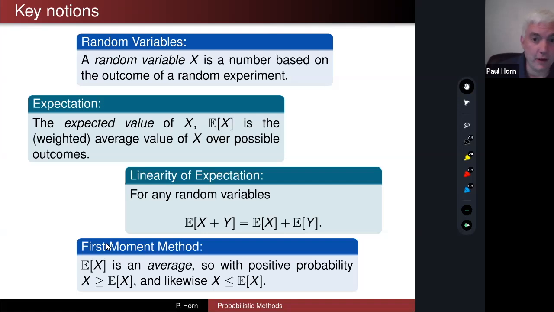And this gives me a way of saying that an outcome of this experiment with some property exists, even without explicitly constructing it. So let's move forward and start looking at some examples of how this very, very simple idea can already say some very interesting things.